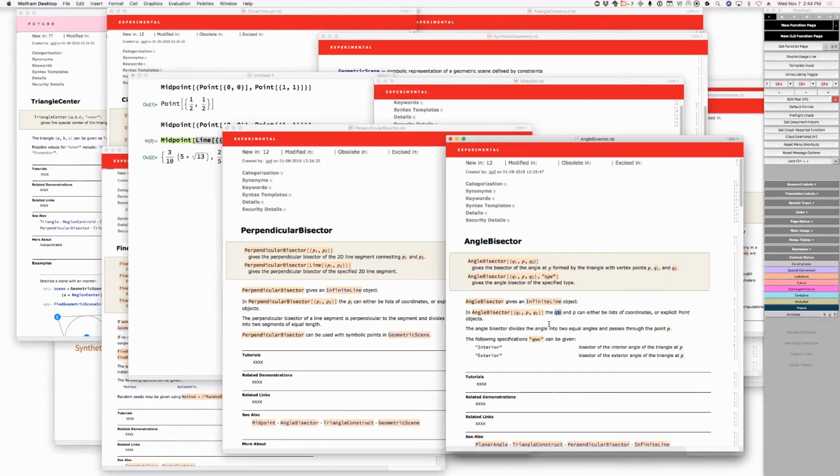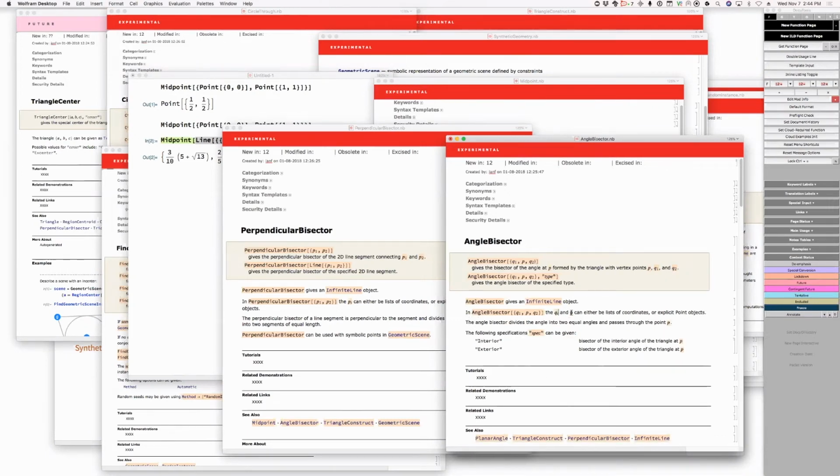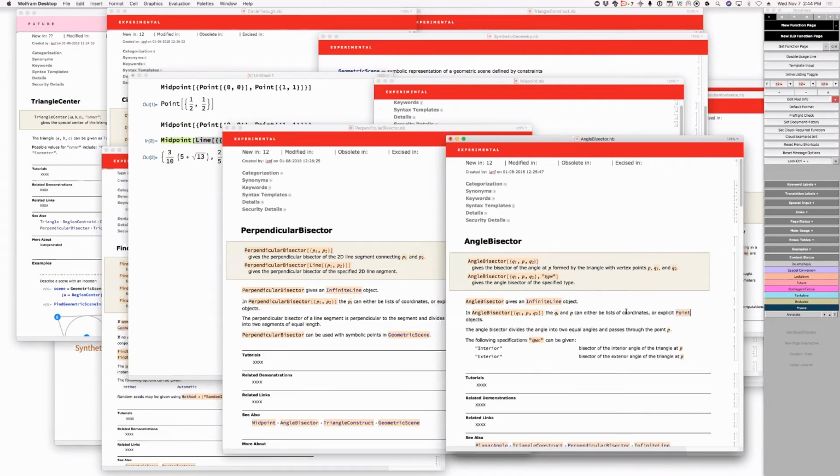Okay, can either be lists of coordinates or explicit point objects, right? Yep. The following bisector types. Wait a minute, we have to say what the default is.